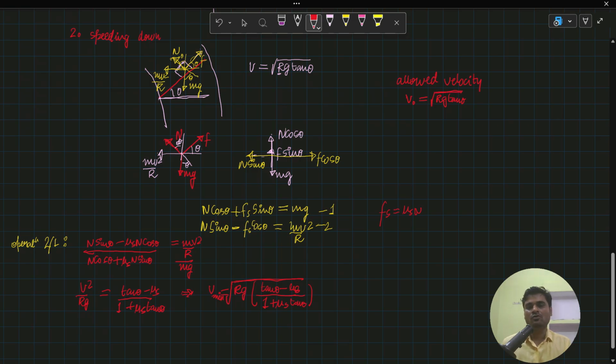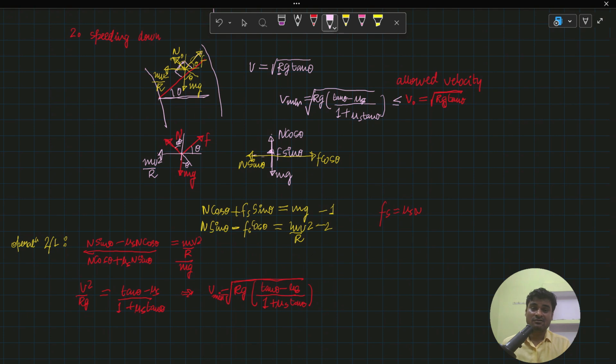This is what is written in the NCERT, that this is the optimum velocity on the banked road. And we see that the minimum velocity before skidding is √(rg (tan θ minus μs)/(1 plus μs tan θ)).